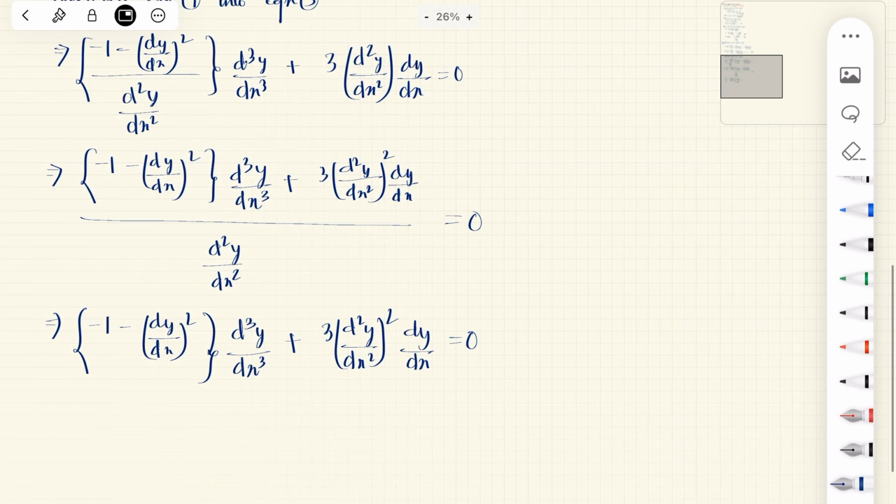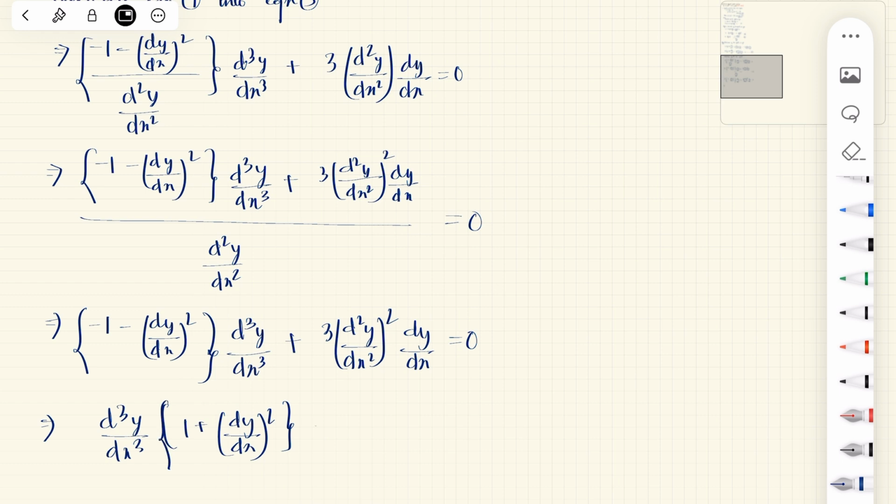Yes or no? So what about if I convert this minus into plus, and this will become minus, and this 2 will become plus? So I can write it this way: (1 + (dy/dx)²) d³y/dx³ - 3 (d²y/dx²)(dy/dx) = 0.